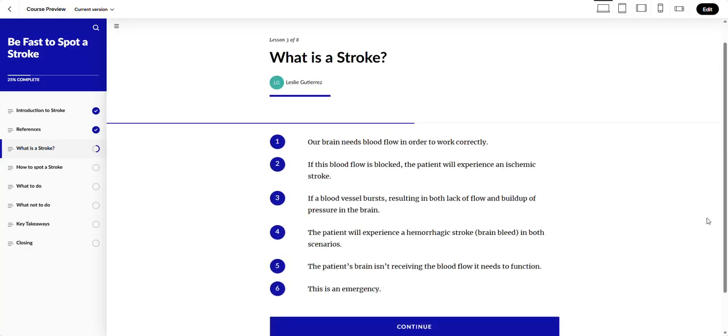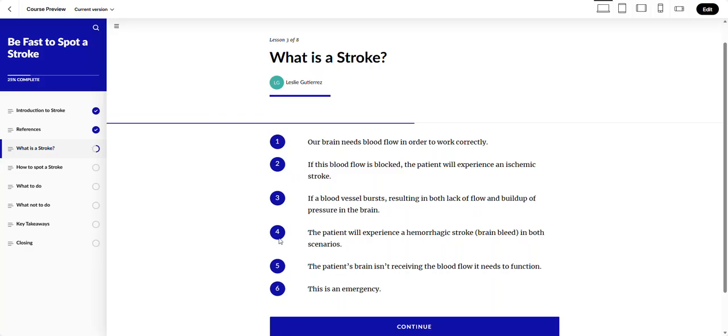What is a stroke? 1. Our brain needs blood flow in order to work correctly. 2. If this blood flow is blocked, the patient will experience an ischemic stroke. 3. If a blood vessel bursts, it results in both lack of flow and buildup of pressure in the brain. 4.